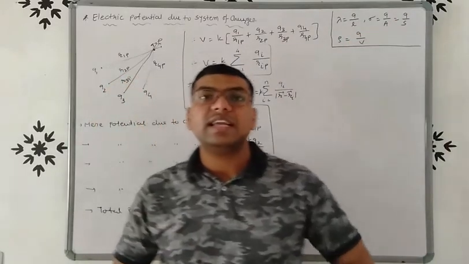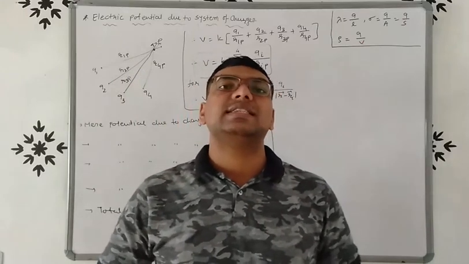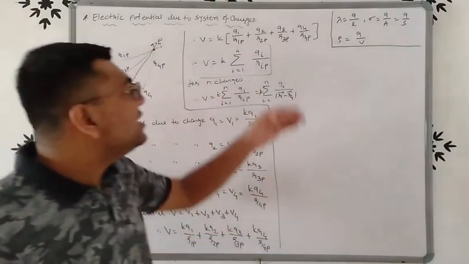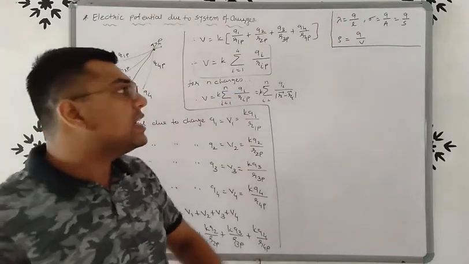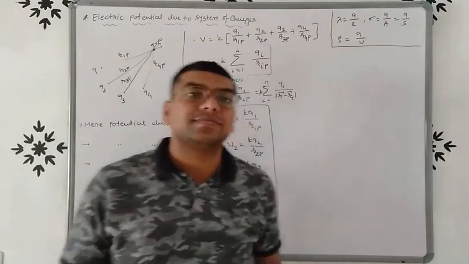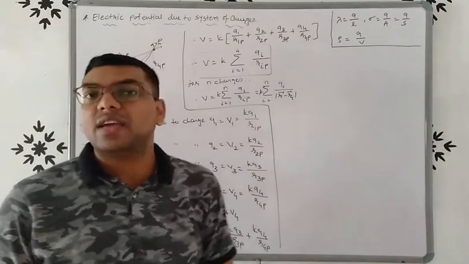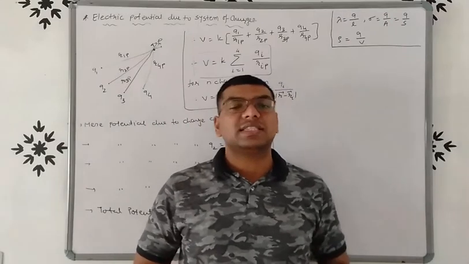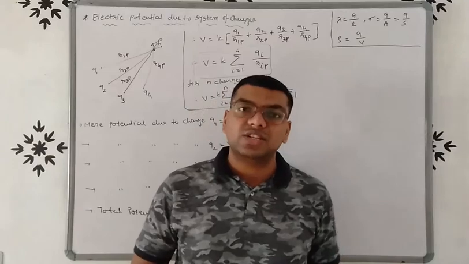So we already know these formulas of linear charge density, surface charge density, and volume charge density. So we already know this concept of linear, surface and volume charge distribution.